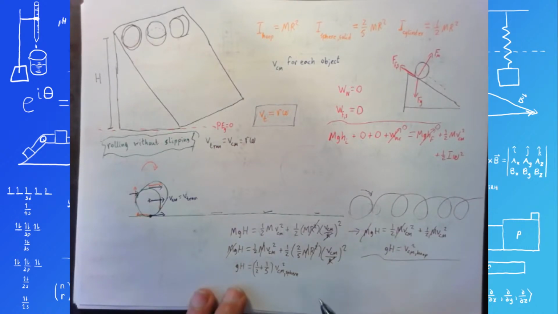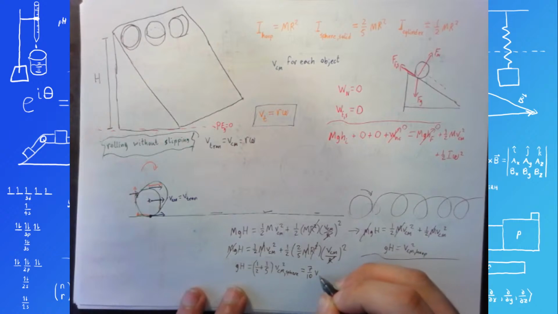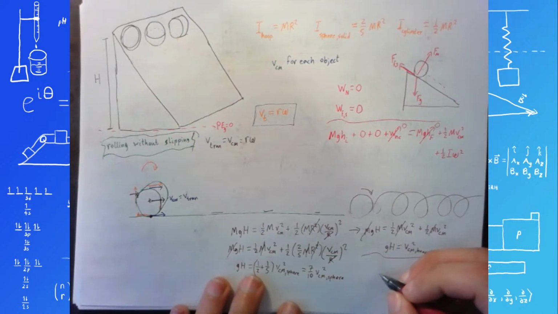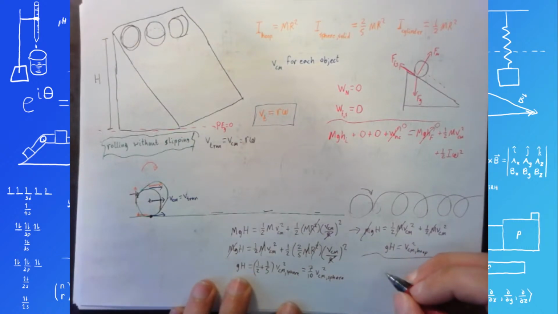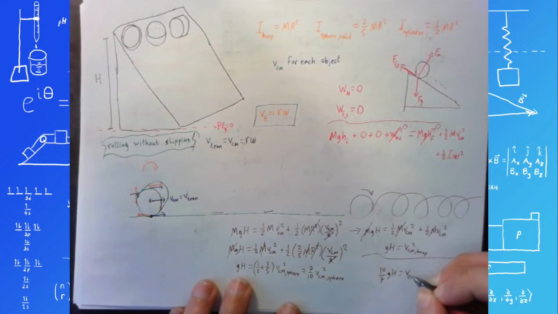And then a half plus a fifth, that's 5/10 plus 2/10 is 7/10. So that equals 7/10 VCM sphere squared, and multiply by 10 over 7 on both sides. VCM sphere squared is equal to 10 over 7 gh.